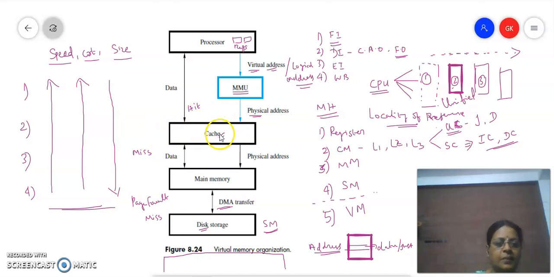If it is referring to the cache memory, it will use the cache address. If it is referring to the main memory, it will use the main memory address. If it is referring to the secondary memory, it will use the secondary memory address, and if it is referring to the virtual memory, it will use a virtual memory address. So the address varies at each level. The same information brought across different levels will just be passed with different addresses.